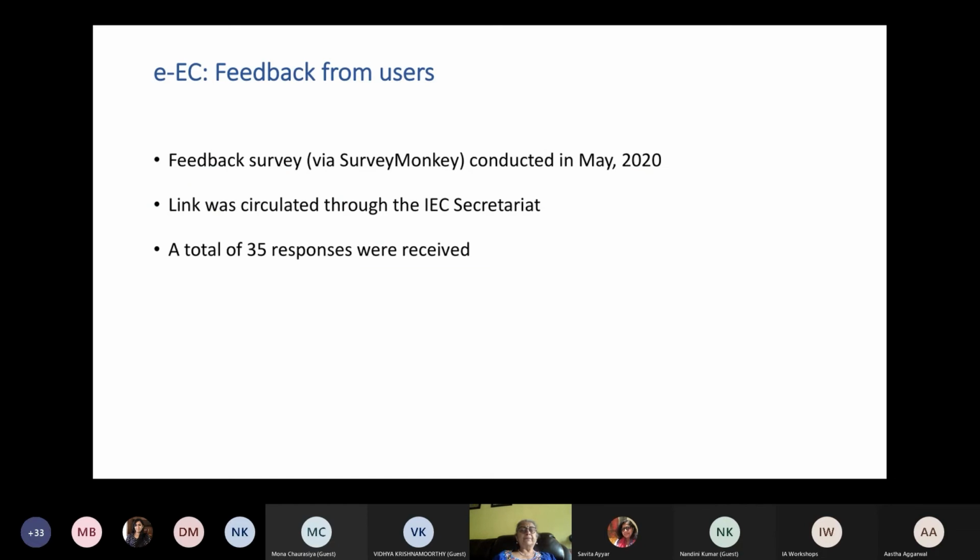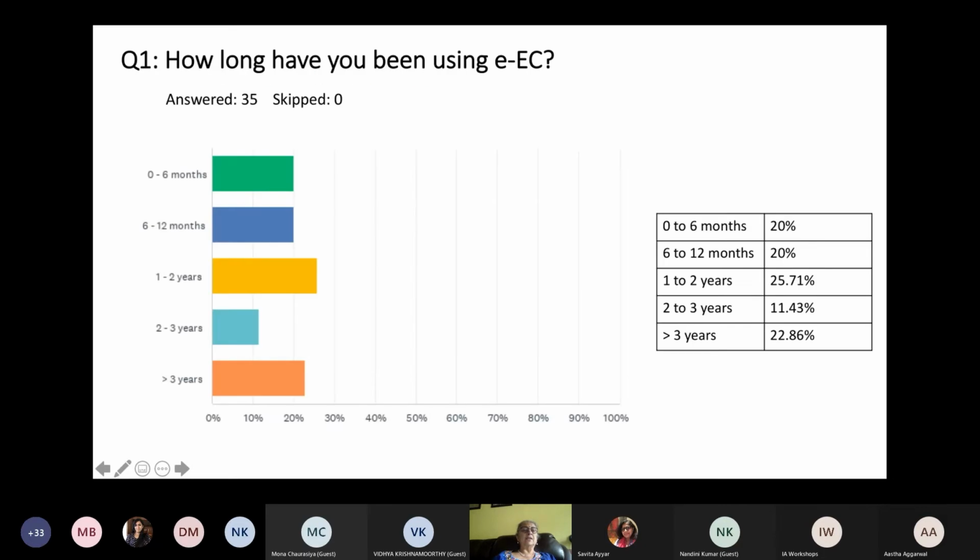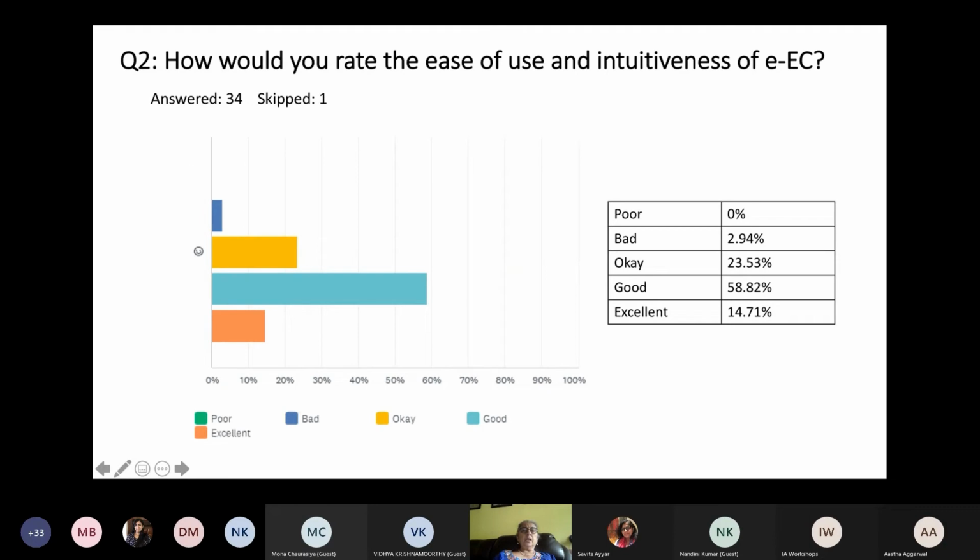Now in May 2020, we took feedback, a SurveyMonkey feedback, through the IEC Secretariat, and we received 35 responses. And people were using EEC for between 0 to 6 months to more than 3 years. In our case, for example, KEM Hospital has been using it for more than 3 years. Most of them said it was easy to use and the intuitiveness was good.